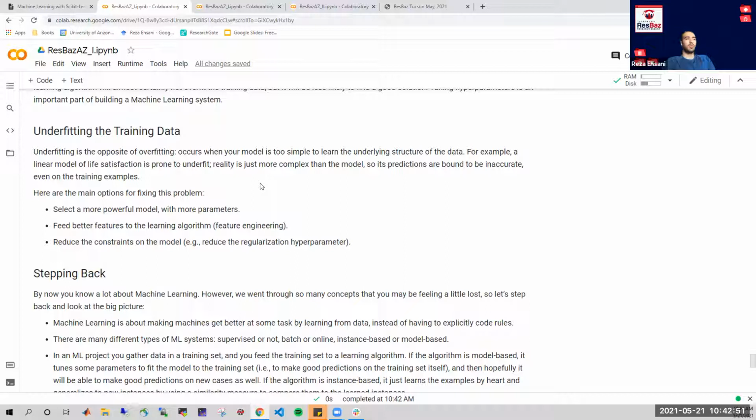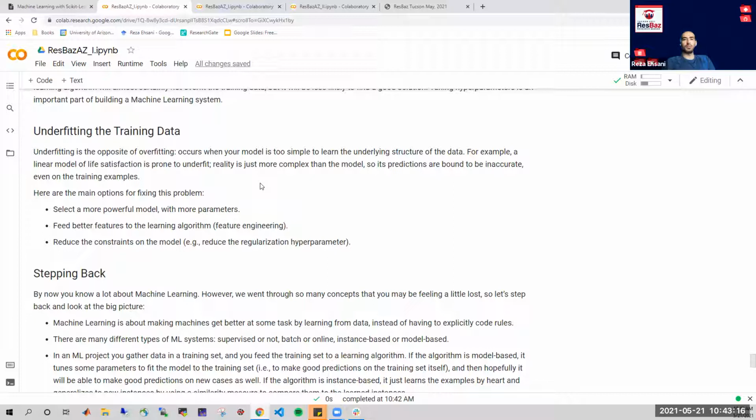What we can do in order to deal with underfitting is to select a model which is more powerful, has more parameters. We took the degree of polynomial, if you remember a few minutes ago, so we can increase the degree of polynomial. Another way is to feed better features to the learning algorithm, which is called feature engineering.